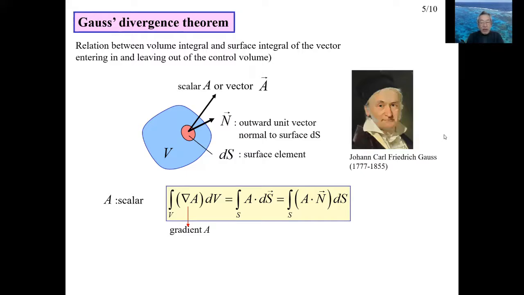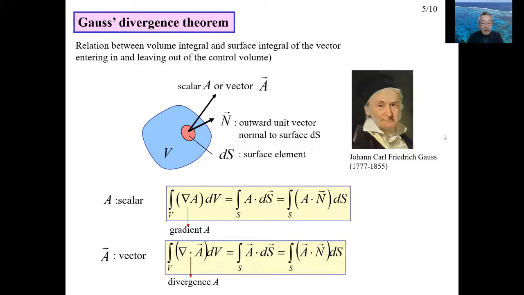Its direction is shown by the unit vector n in the figure. dS without an arrow is the surface area, which is the magnitude of the vector dS. When A is a scalar, the resulting integral is a vector because scalar A times vector dS, or scalar A times vector n, is a vector.